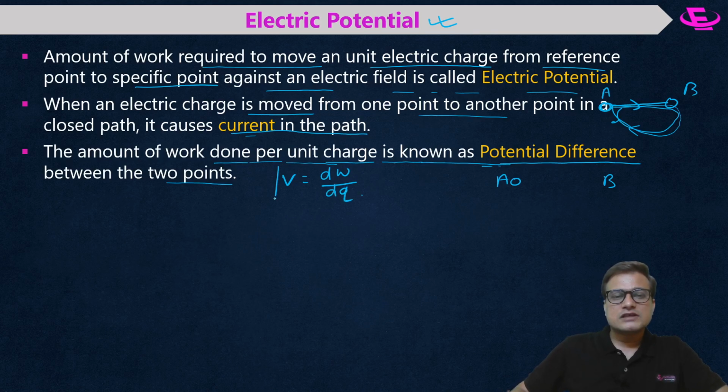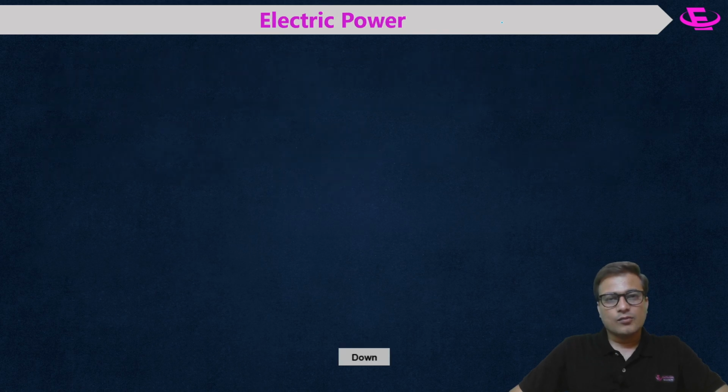This is called the potential difference between the 2 points A and P. Clear? V equals dW upon dQ. What is the unit of electric potential? Its unit is volt. Clear? So this is about electric potential.